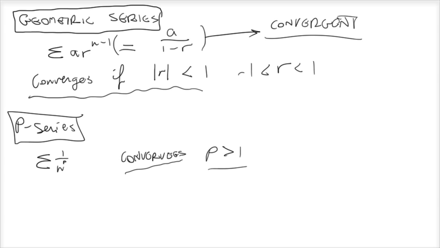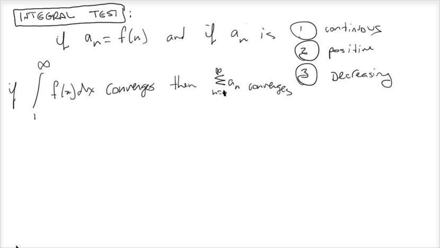Let's go. Alright, so the integral test has a couple of conditions, but it says if we consider the sequence, so basically the general formula for a sequence, to be a function of n, and if that sequence is continuous, positive, and decreasing, and it needs to meet all 3 of these criteria, and on the free response section you have to basically write down checks for all 3 of these conditions before you're allowed to use the integral test.